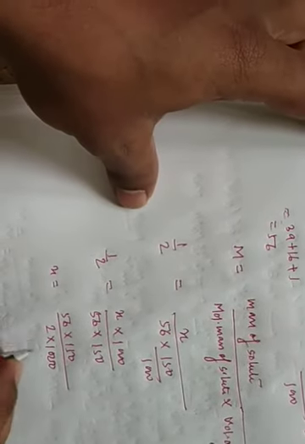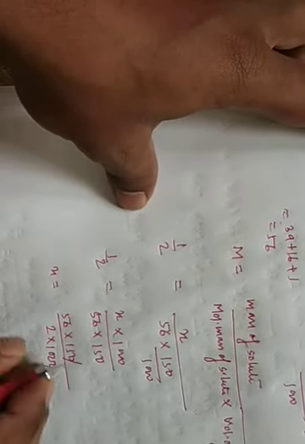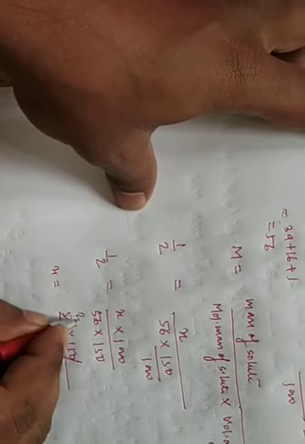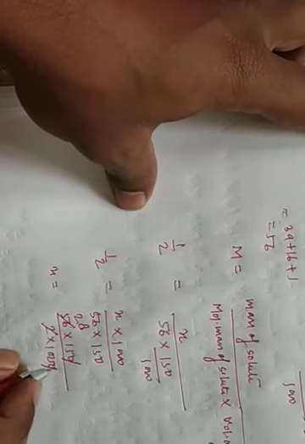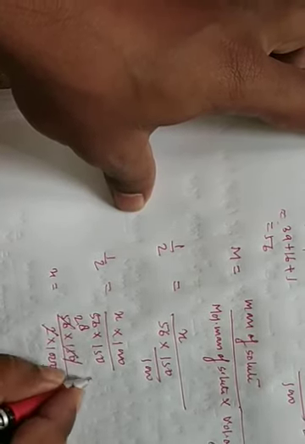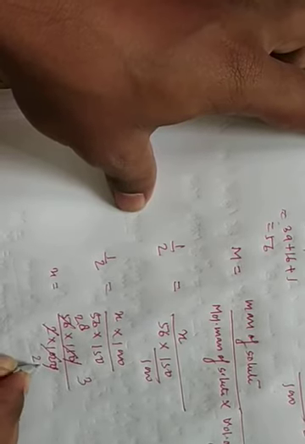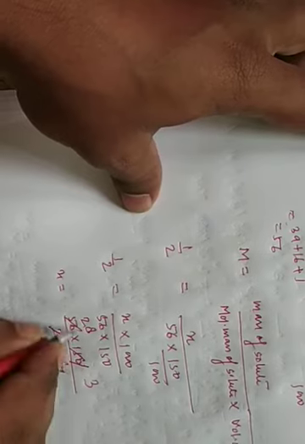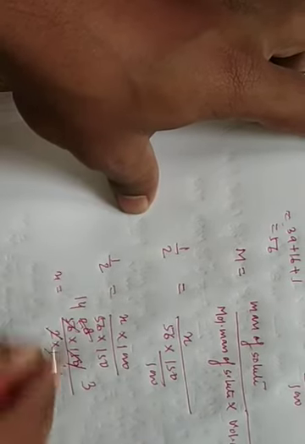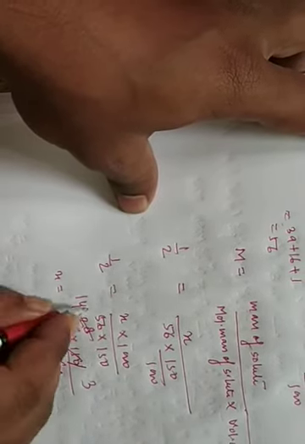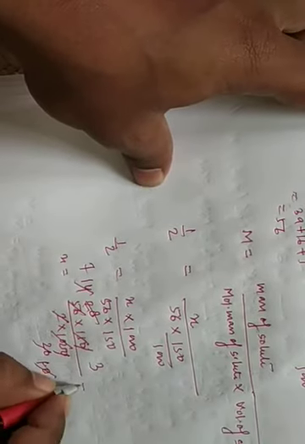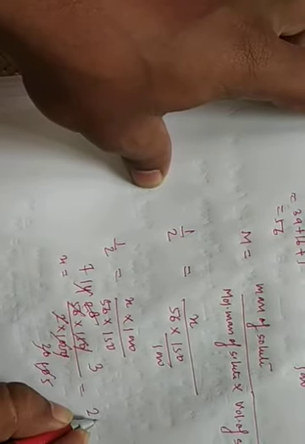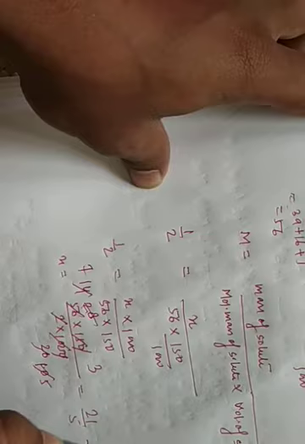So the zeros cancel, and simplifying, we get 21 divided by 5.